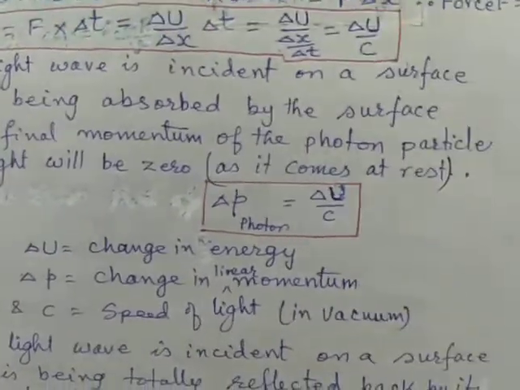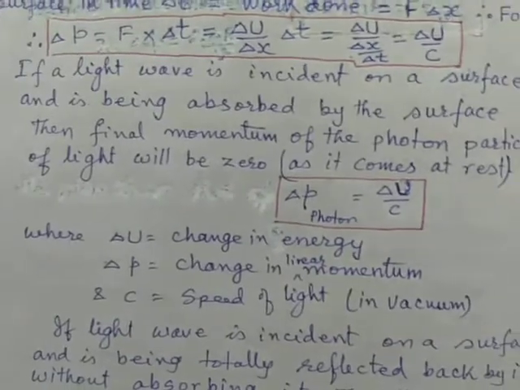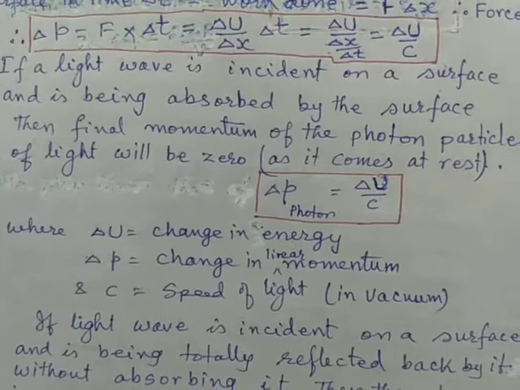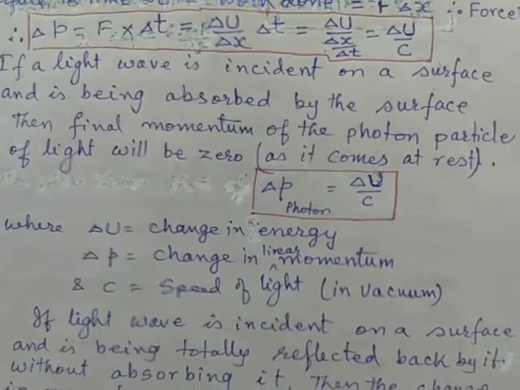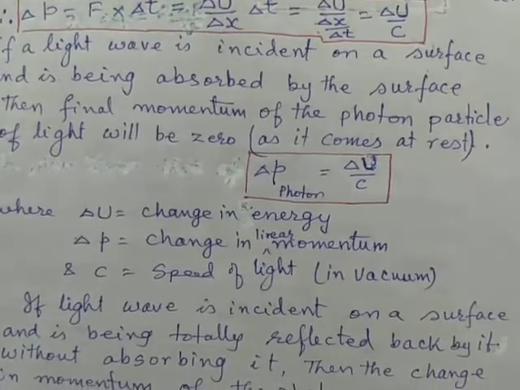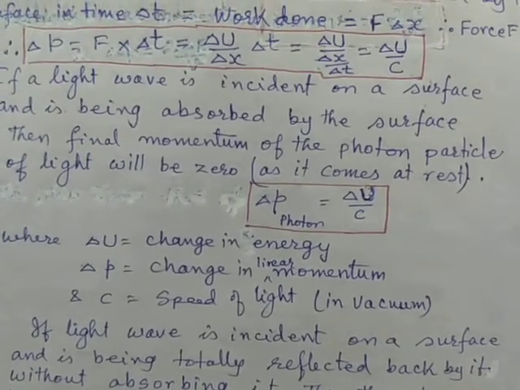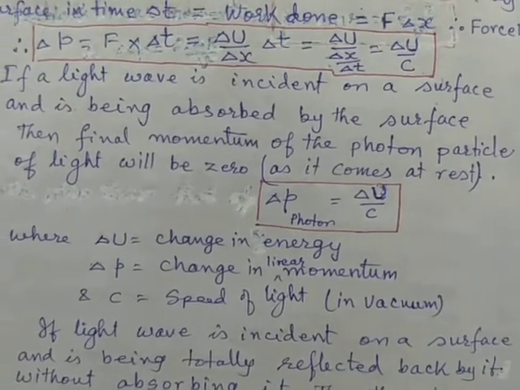If the light wave is incident on a surface and is being absorbed by the surface, then the final momentum of the photon particle of light will be zero as it comes to rest, and therefore the change in momentum is equal to delta U by C, as also derived above.